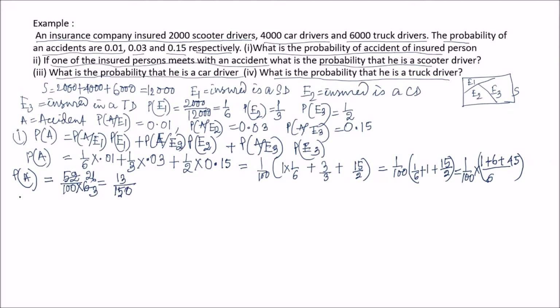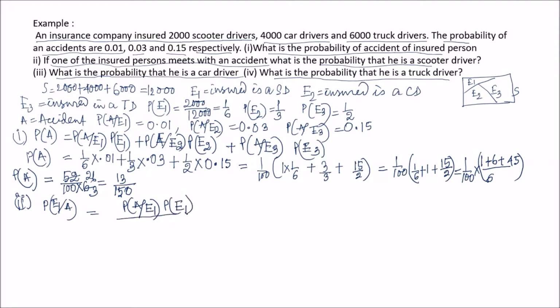Next, coming to the second part. The second part is: what is the probability that it is from a scooter driver? So the question is that accident is the condition and it is from the scooter. So this will be P(A|E1) into P(E1) upon the total probability.